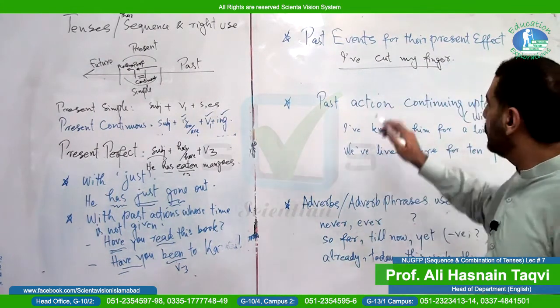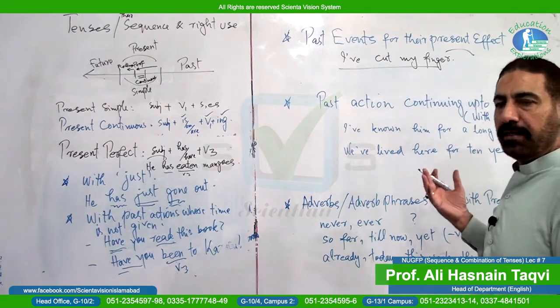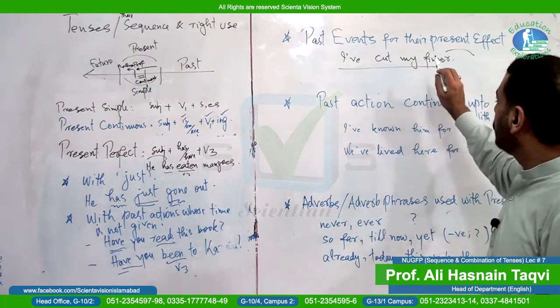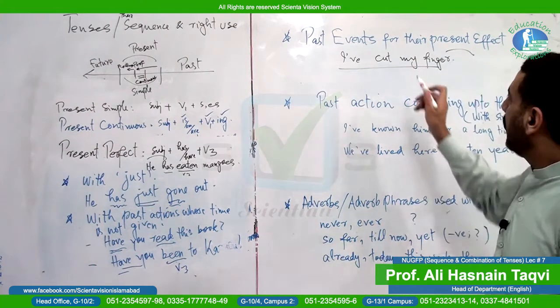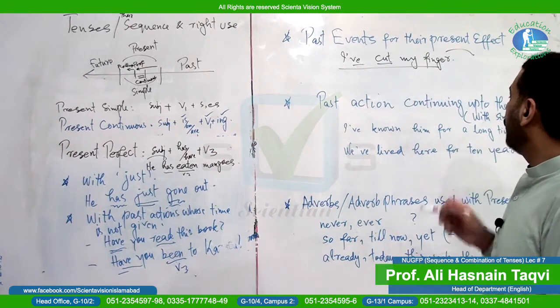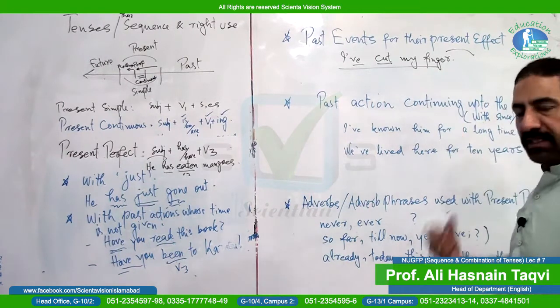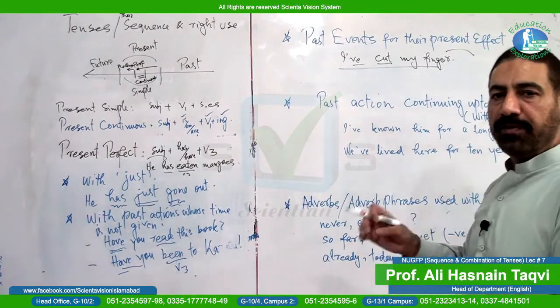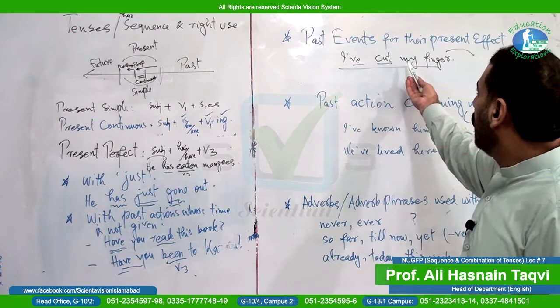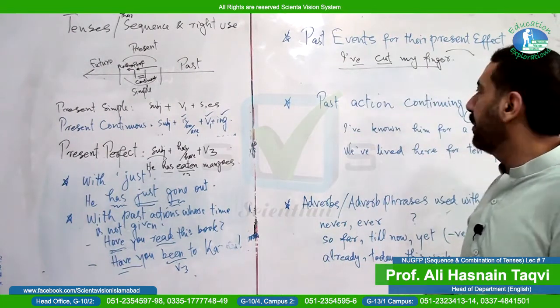It also means that something is happening now, like it is bleeding. So this continuing effect in the present is described through have and V3. I have cut my finger, I have finished reading this. So whatever present effect you want to show with reference to a completed action in the recent past, that can be done through present perfect.